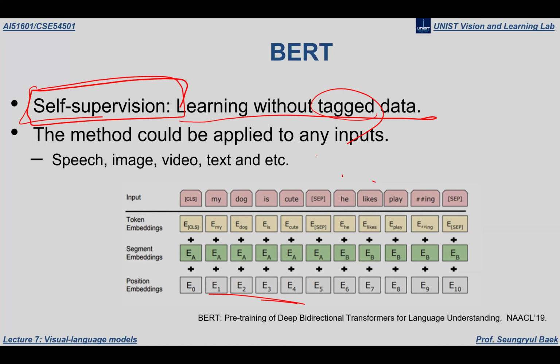For example, in a sentence, we can predict the next word given the previous words. Those are called self-supervision. The method BERT can be applied to other modalities as well, but most of their experiments are done for the text domain.